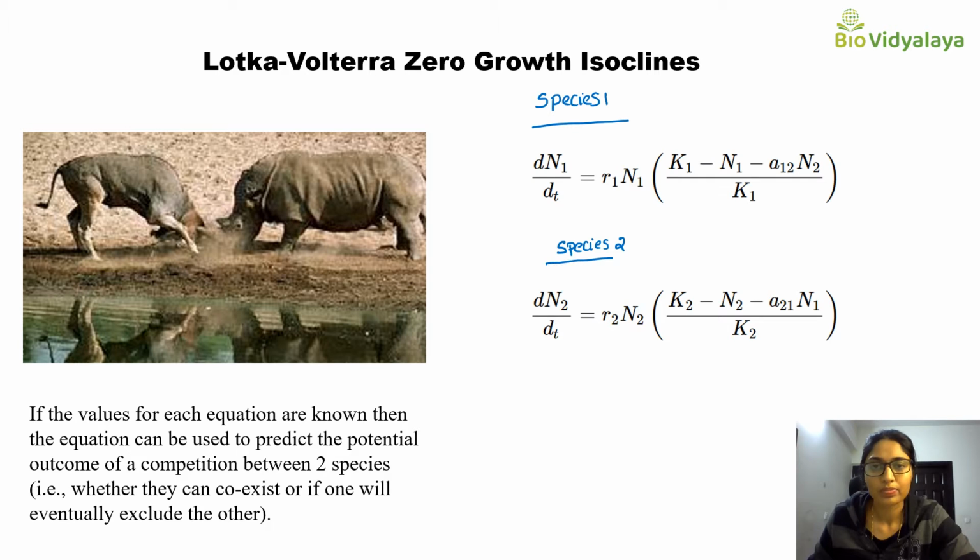If you know the values in this Lotka Volterra equation, then we can predict the outcome of competition between two organisms with the help of a graph called a state space graph.